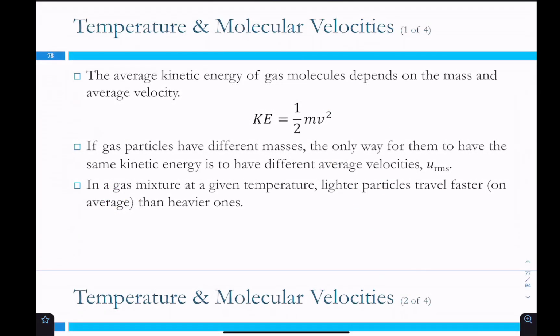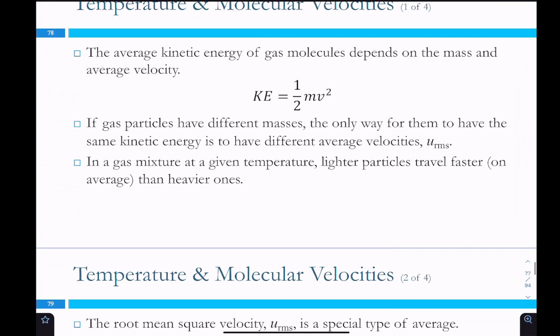To maintain the same average kinetic energy. But it is the average kinetic energy, and so we use a special average of their velocities to represent that. That's this u, I believe it's u and not mu. The root mean squared velocity.